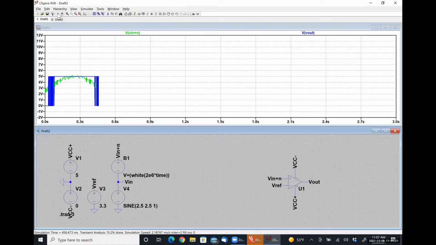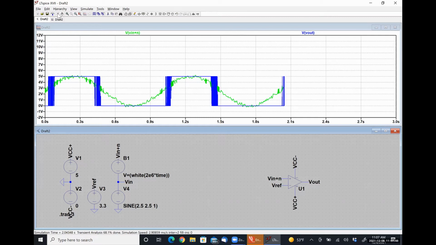It's generating white noise. White noise is noise that has a constant power spectral density over the entire frequency band, right? So all the way from roughly 0 hertz up to terahertz levels of frequency, white noise is effectively constant.